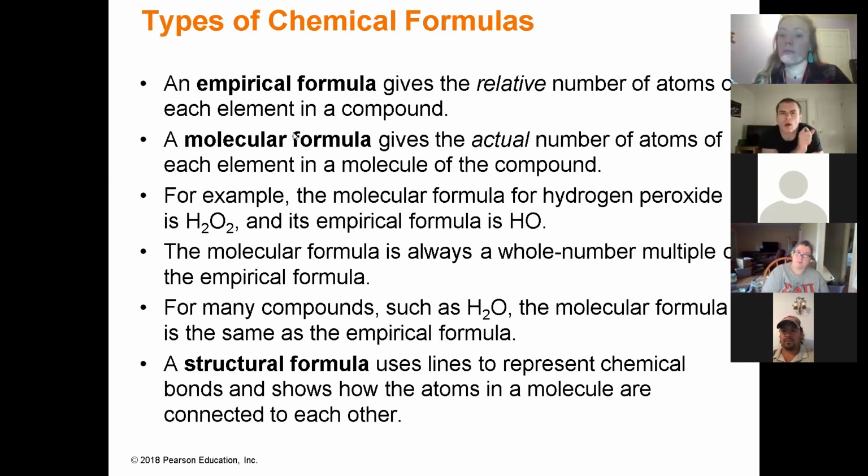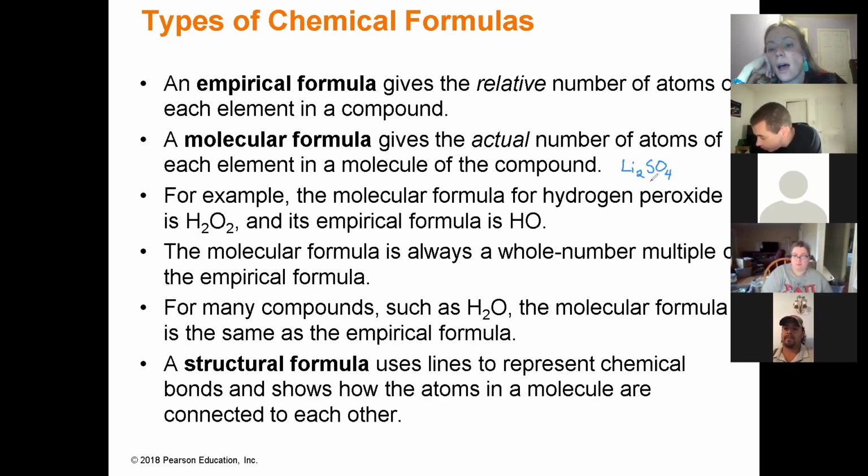And an empirical formula is the relative number of atoms in each element, meaning it's the lowest ratio of them. A molecular formula will give the actual number of atoms. It's a multiplier of the empirical formula. Now, a lot of times with inorganics, what we're studying in this class, the empirical and the molecular formula are the same.